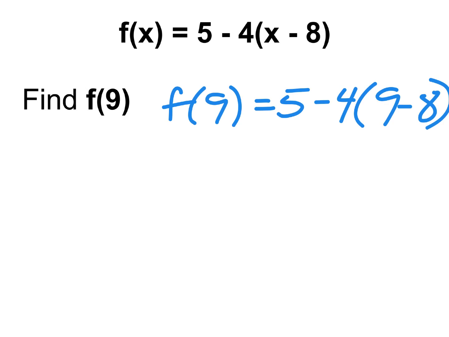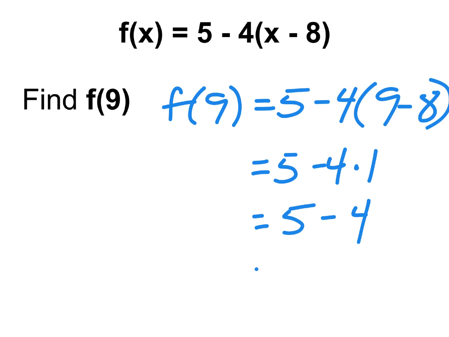From here, that right side is going to be doing the same thing that we've done on all the other problems. So we go and we do the order of operations. So first thing is the stuff inside the parentheses. So I do 5 minus 4 times 1. Now I do the multiplication. So it's going to be 5 minus 4.